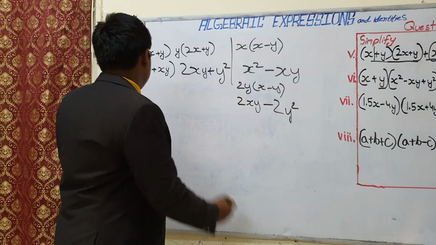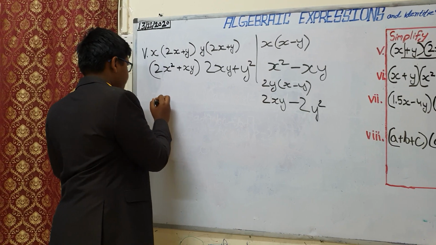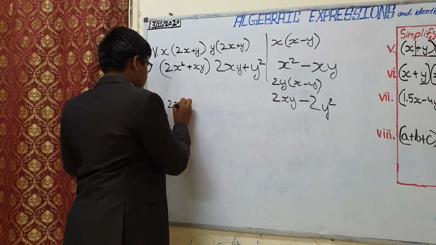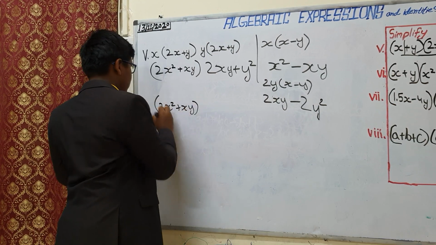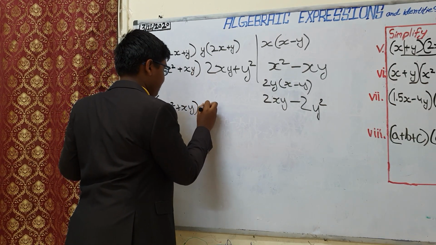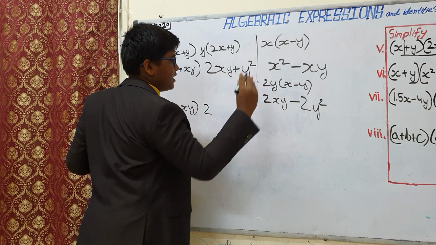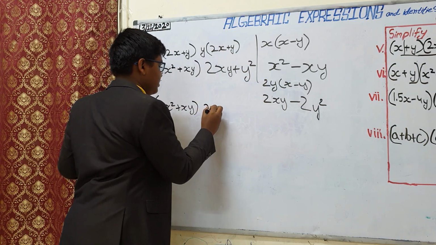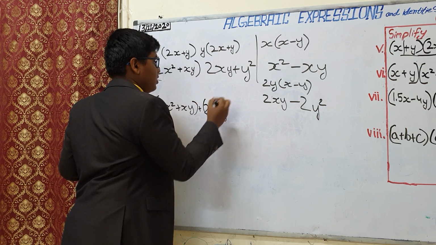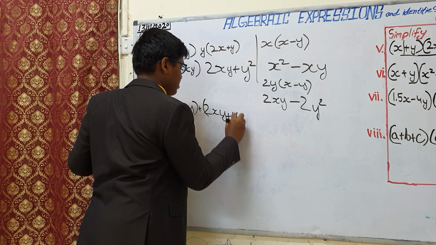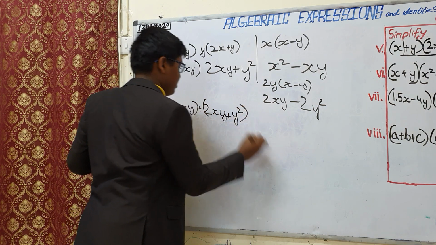Now let's rewrite it. So the whole expression is (2x squared plus xy) in bracket. Then we have a plus sign here? No. So we will write it as it is. Then 2xy, we will write plus here. Then (2xy plus y squared) in bracket.